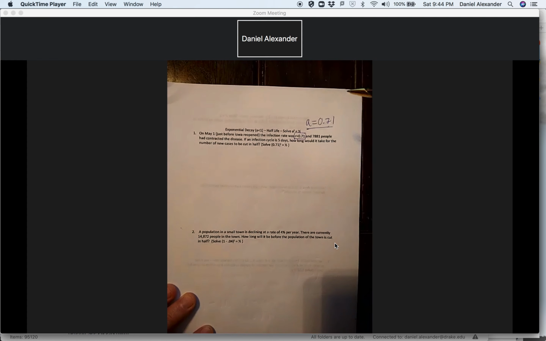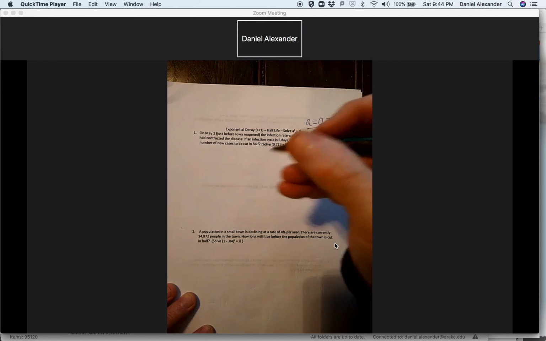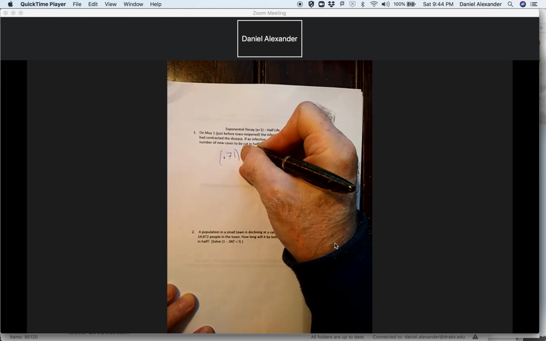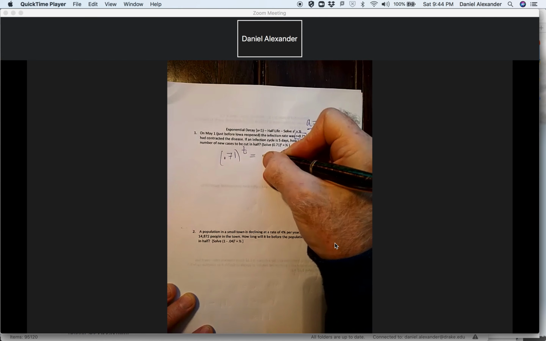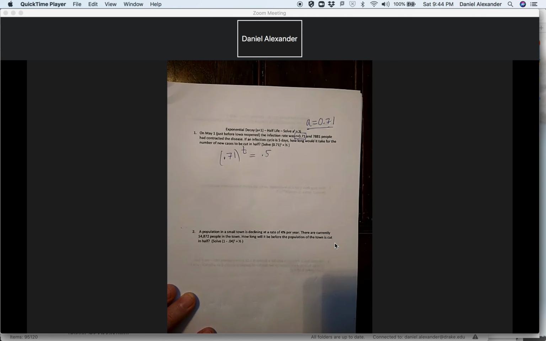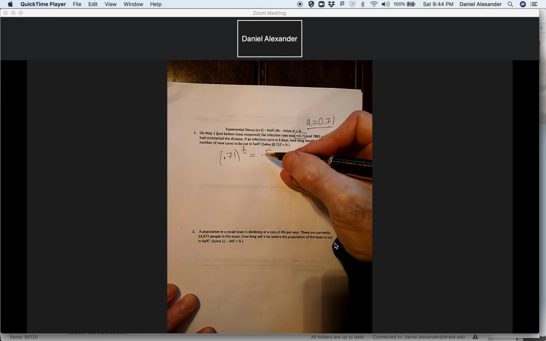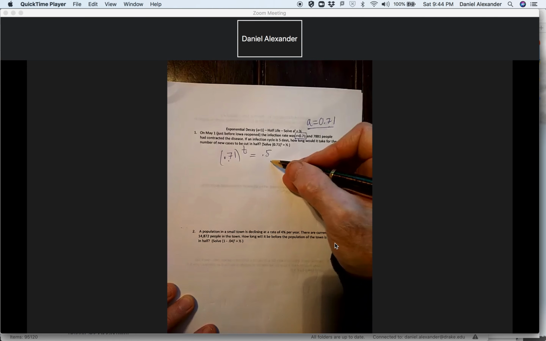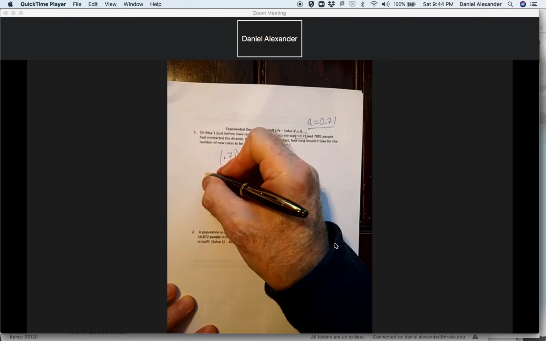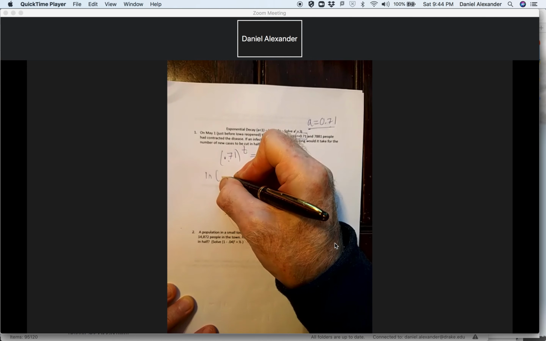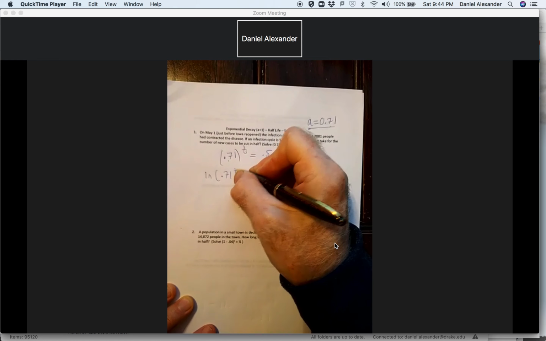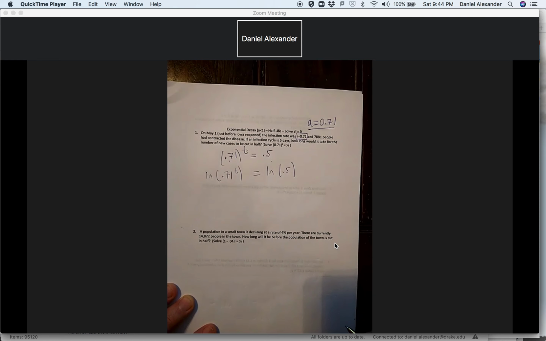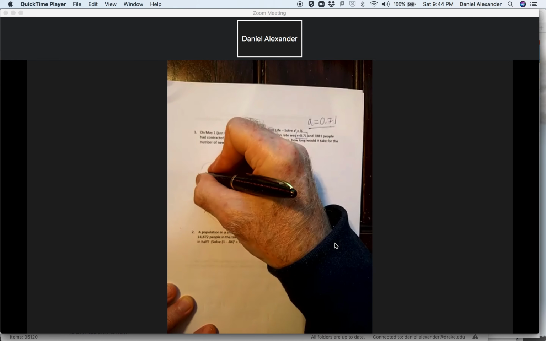So what I'm going to do is solve this problem. It's the rate, 0.71, to the t is equal to 0.5. Again, this is just like the problems before, except instead of a 2 here, it's a 1/2. Instead of this being greater than 1, it's less than 1. Okay. So I take logs of both sides. Bring down the t as before.